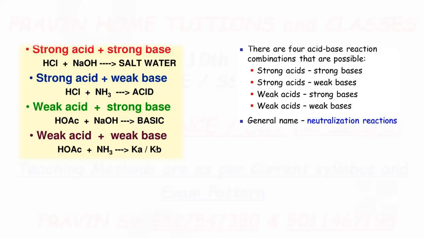So these are the four combinations for acid base reaction, and the nature of the product formed after the reaction is given here. The general name of the reaction is neutralization reaction. An acid base reaction is a neutralization reaction.